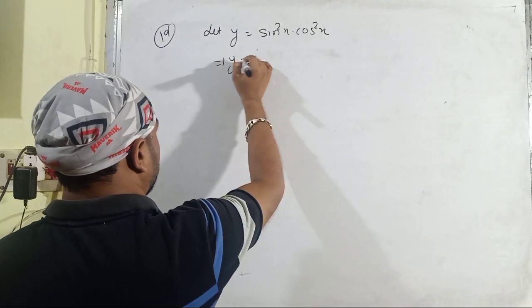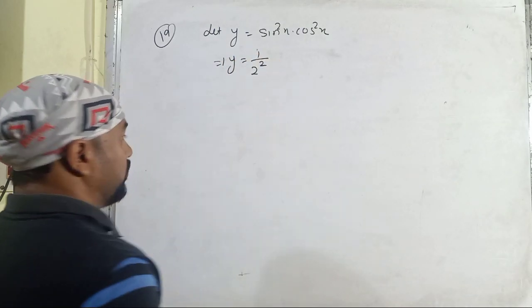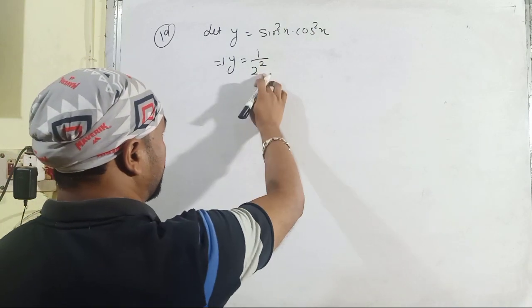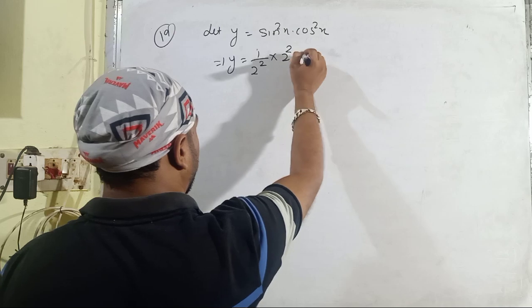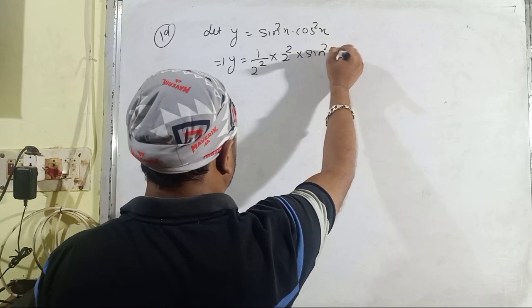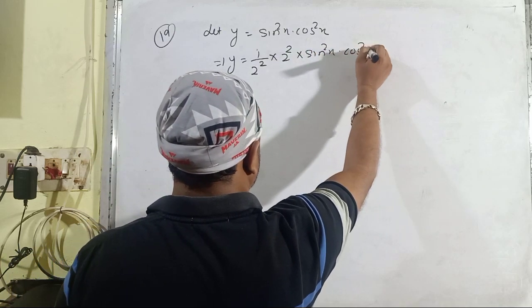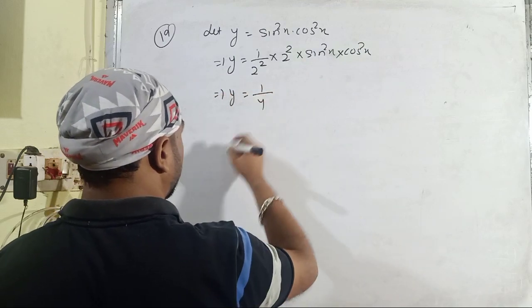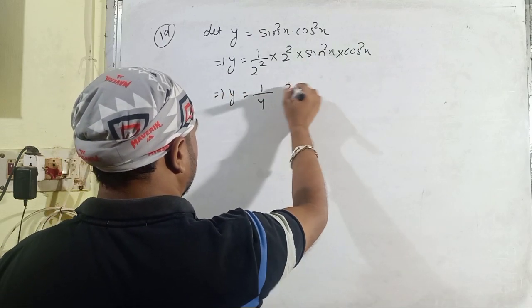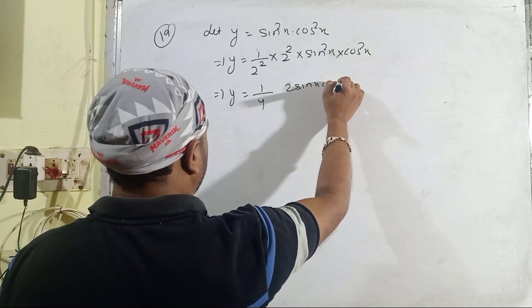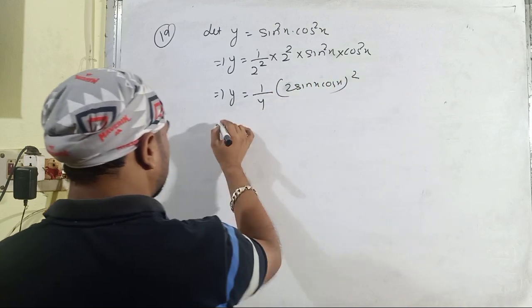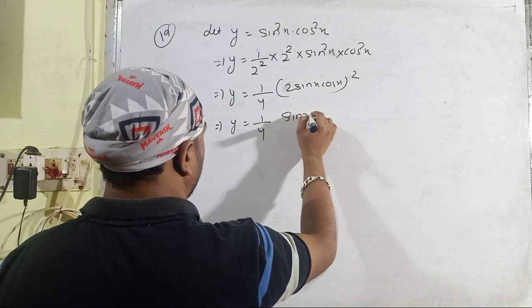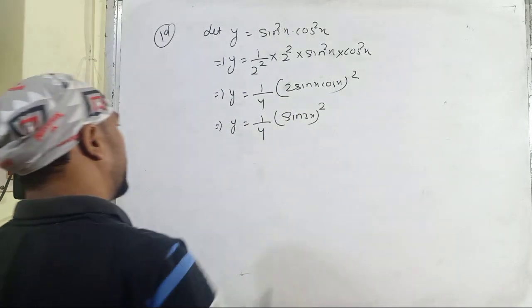So let us divide and multiply by 2 square, that means 1 upon 2 square multiplied with 2 square multiplied with sin square x cos square x. It is 1 upon 4 whole square of 2 sin x cos x, 1 upon 4 it is whole square of sin 2x.